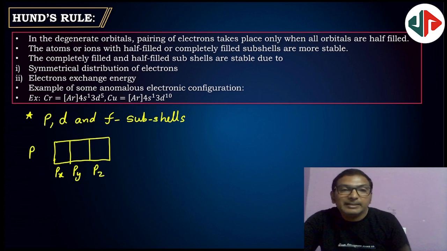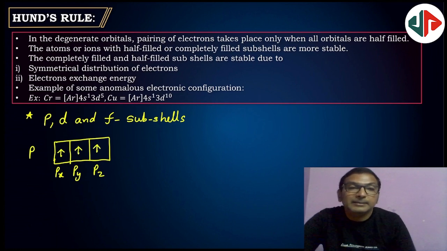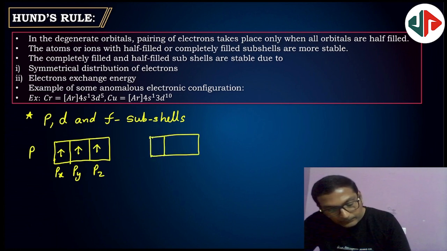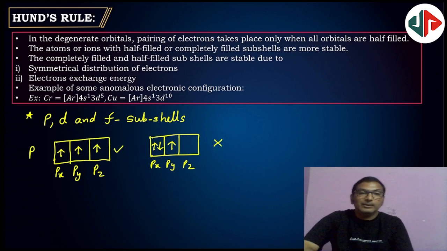While filling Px, Py, Pz, first each orbital should get 1 electron. If you write it like this, pairing in Px first, this will be wrong. This will be correct.